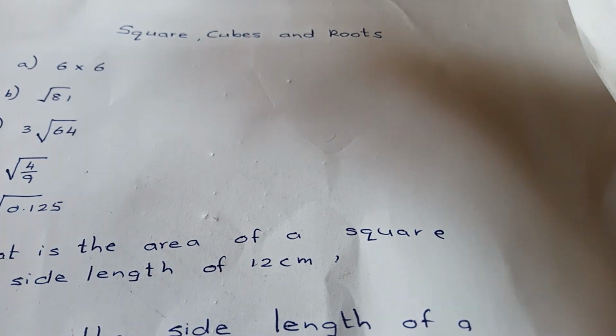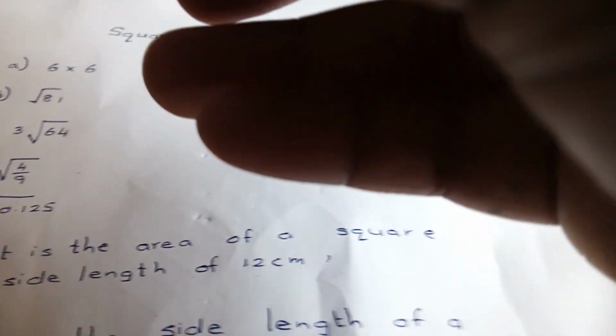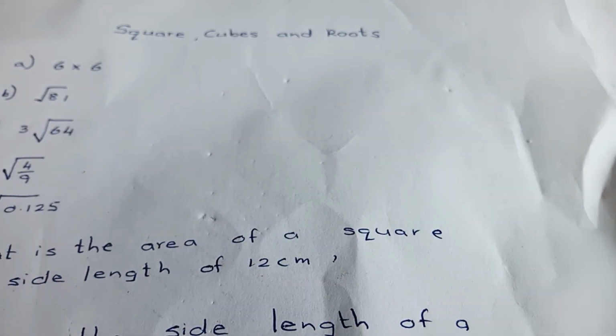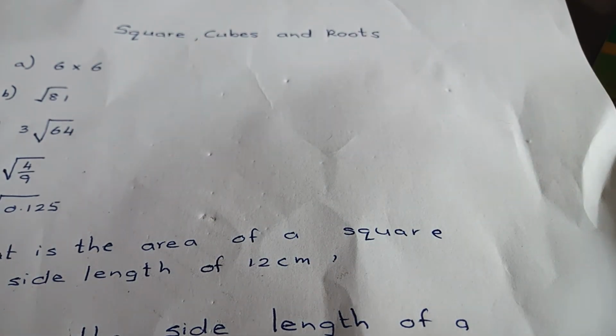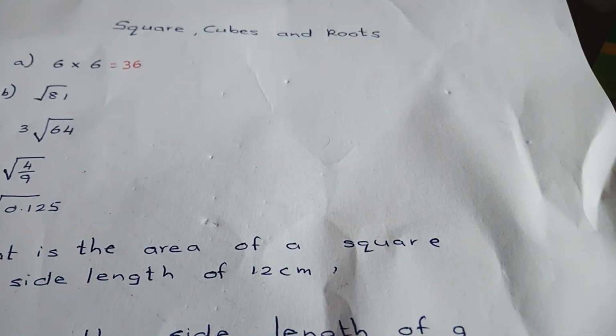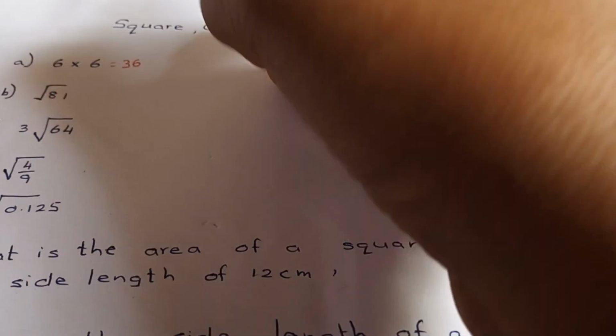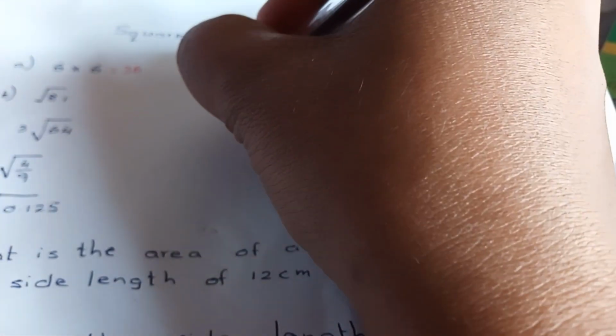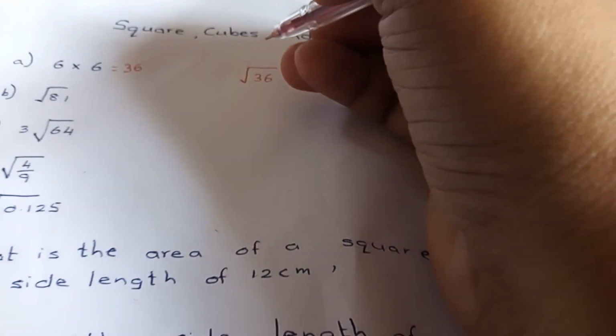The first one we can do: 6 times 6. What's 6 times 6? 6 times 6 is 36. Before I come to the next question, 36. I'm going to write this sign. What is this sign?